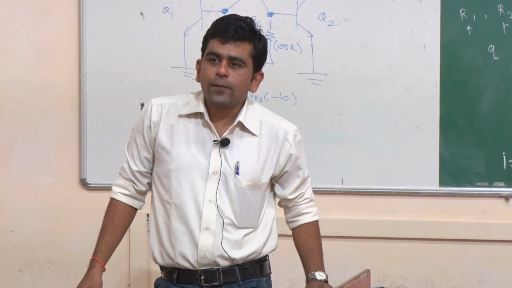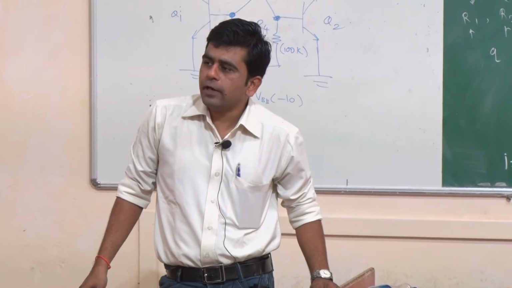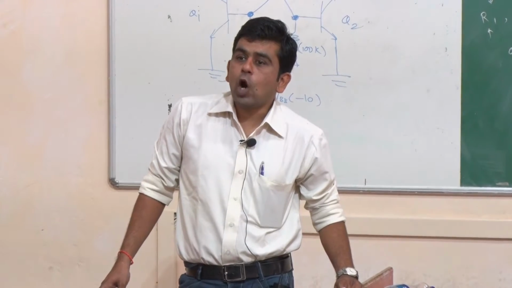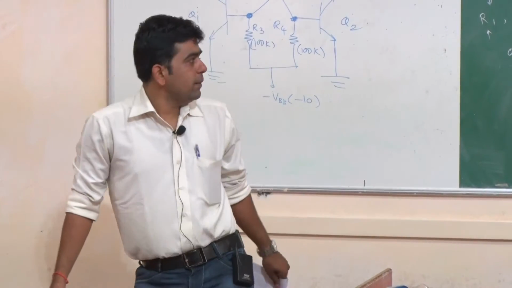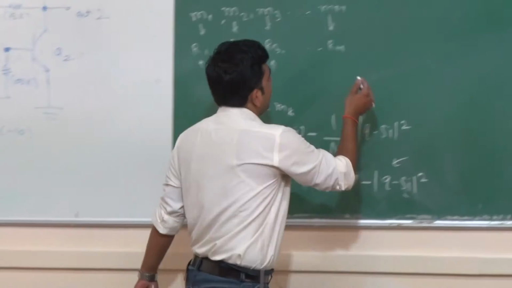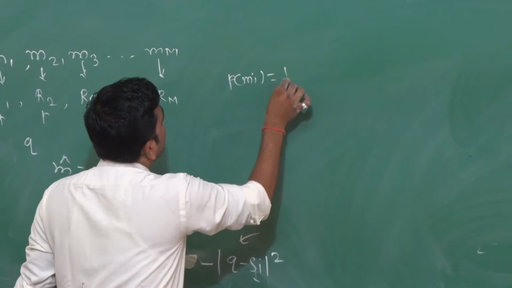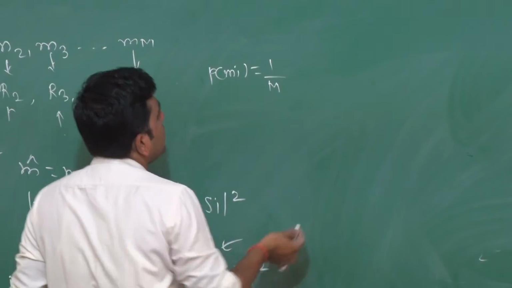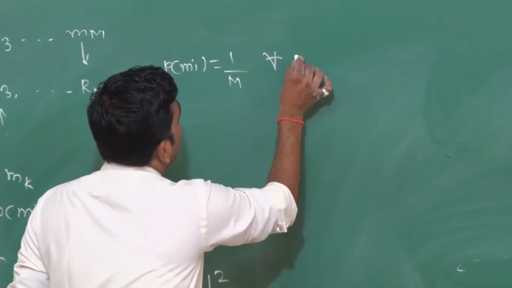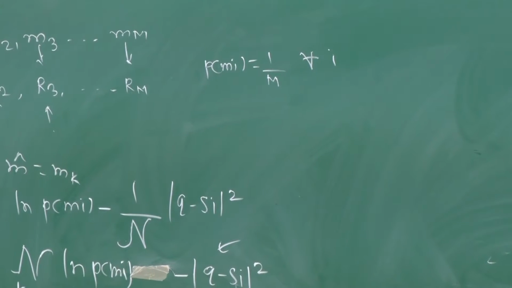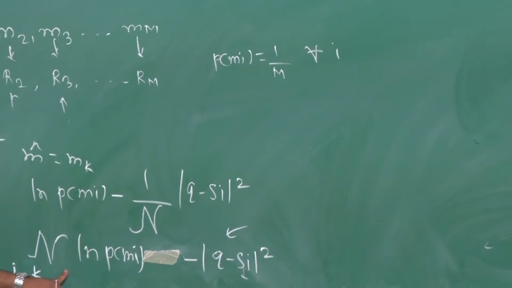So the prior probability of Mi is equal to 1 by M for all i. Is it clear?